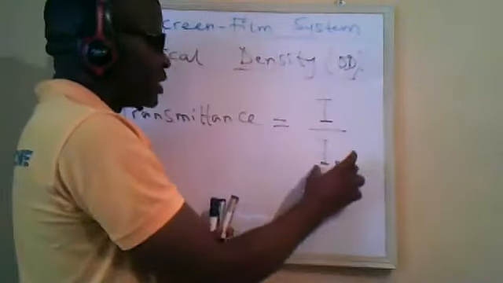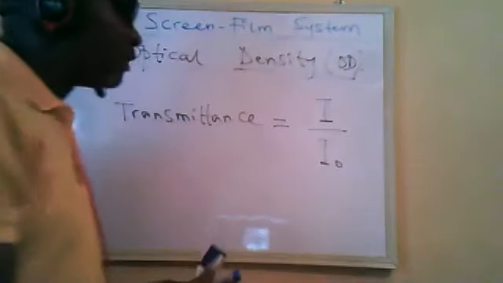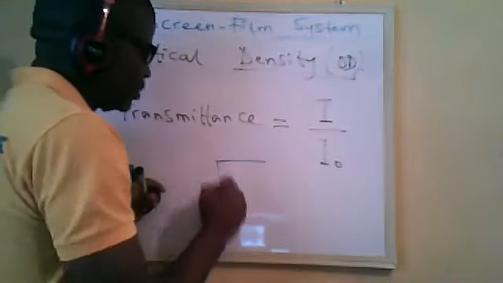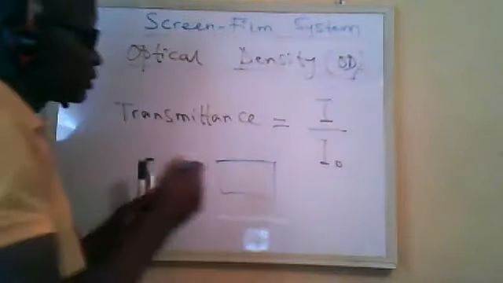Whereas I naught is without the film. This is what I mean. You have a particular film that has been exposed, and you want to know the transmittance.